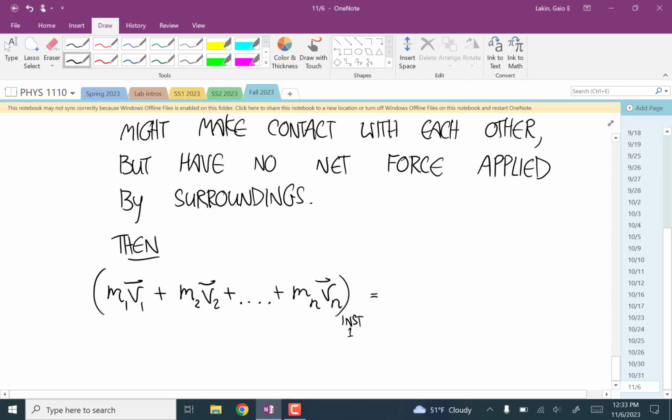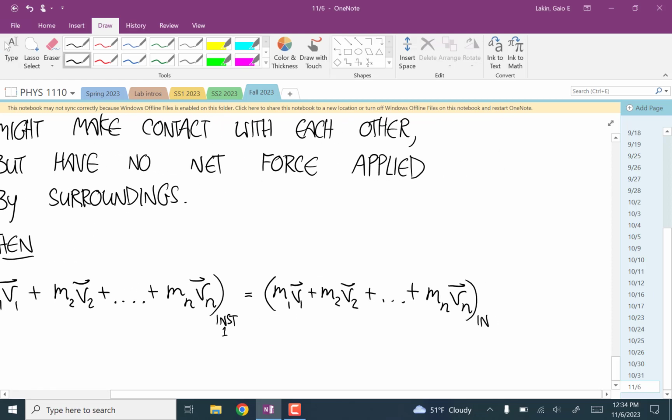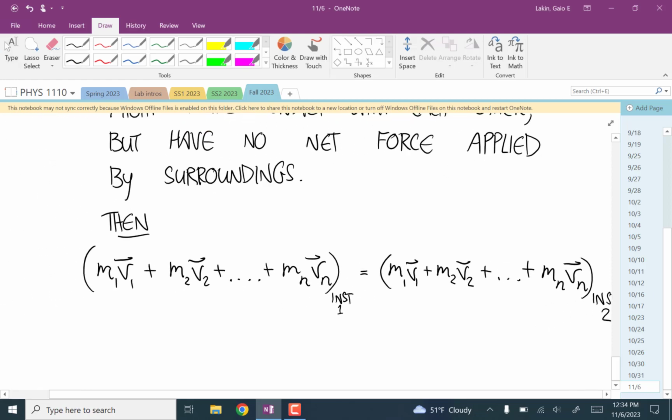It has to be equal to the sum of the momentums after, at instant 2. So m1 times v1 plus m2 times v2 plus, till you get to mn times vn at instant 2.